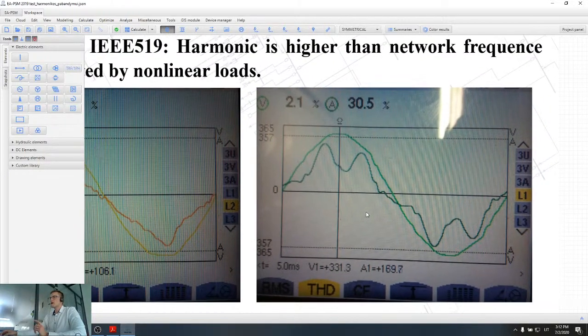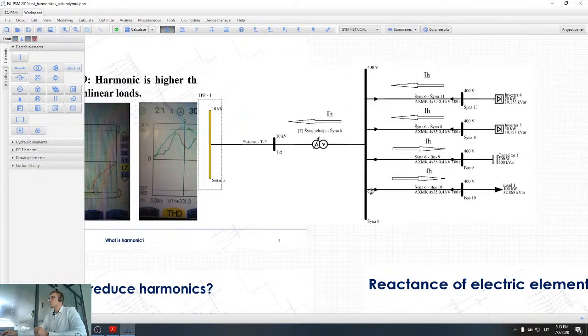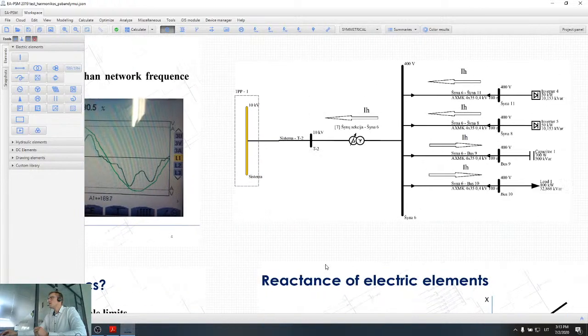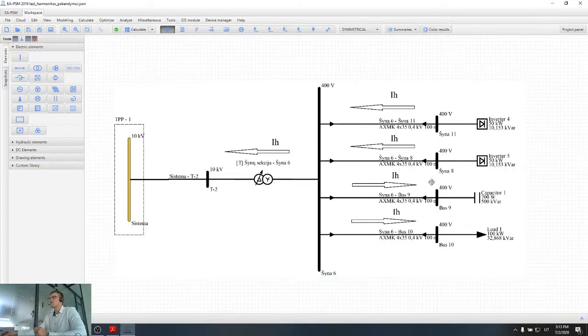So now I'm talking about voltage harmonics as well. However, in my first sentence I said that harmonics are basically currents. So how do voltage harmonics appear in the network? The idea is this: when we have current harmonics in the network, for example here is a simple single line diagram, which I'll explain quickly.